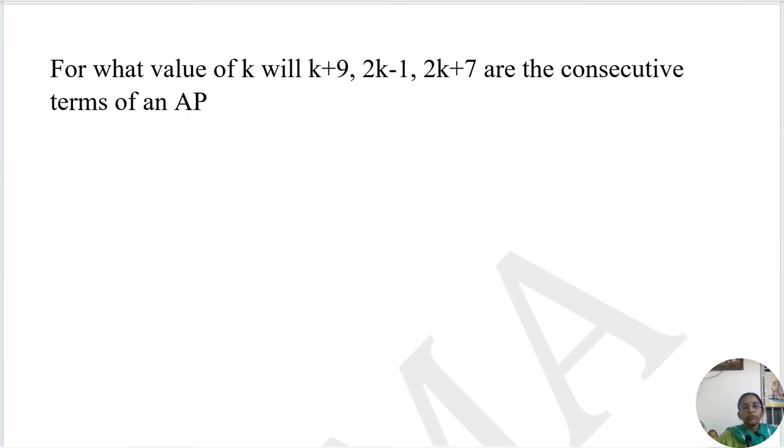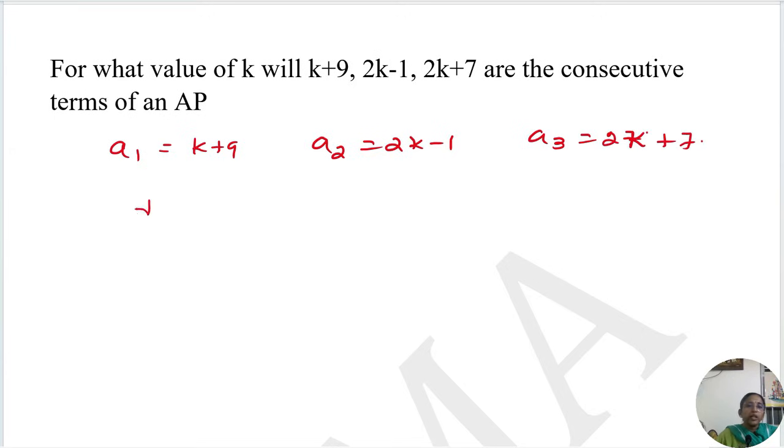For what value of k will k plus 9, 2k minus 1, 2k plus 7 be consecutive terms of an AP? So here A1 is equal to k plus 9, A2 is 2k minus 1 and A3 is 2k plus 7. And we know very well D is equal to A2 minus A1 or D is equal to A3 minus A2.